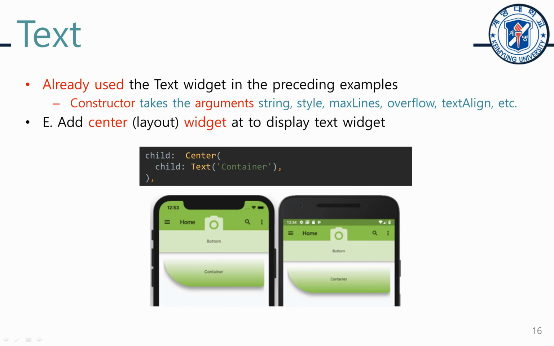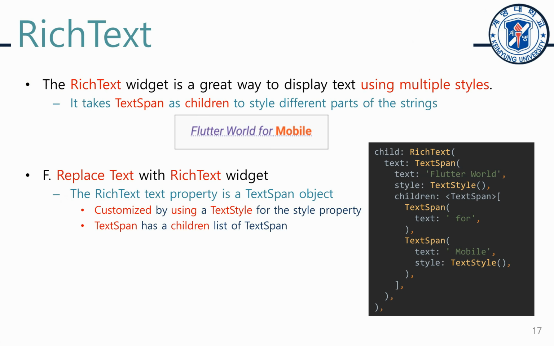However, we know that the text doesn't give us all the necessary styles. So if we want a more stylish and a more beautiful app, we have to use the rich text widget, which is also a basic widget.